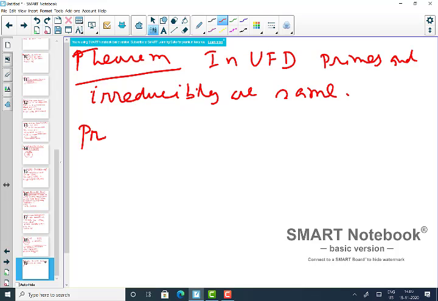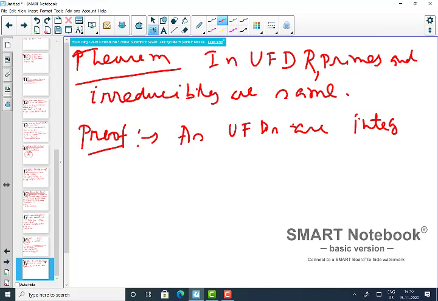So, proof. One part is a bit obvious. Say R is a UFD. As a UFD, R is an integral domain, so primes are irreducible.